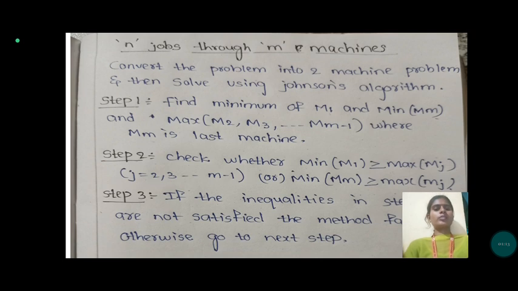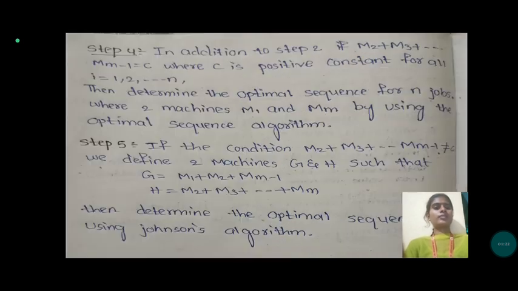Here we have a third step. If the inequalities in step 2 are not satisfied, the method fails; otherwise go to the next step. Here we have a fourth step.